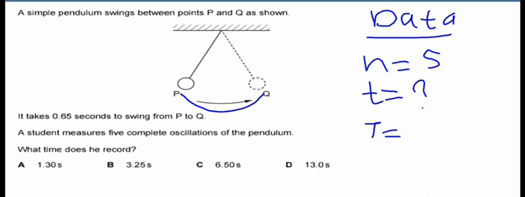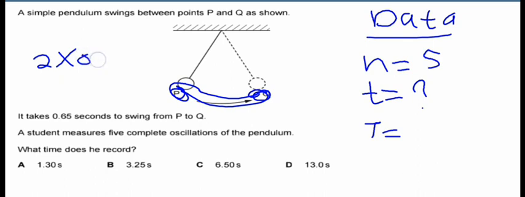So we can just say, when the bulb moves from P up to Q, it is going to take how many seconds? It is 0.65 seconds. Now what about when it moves from Q and back to P? So for us to obtain the time, we are going to say 2 multiplied by 0.65.